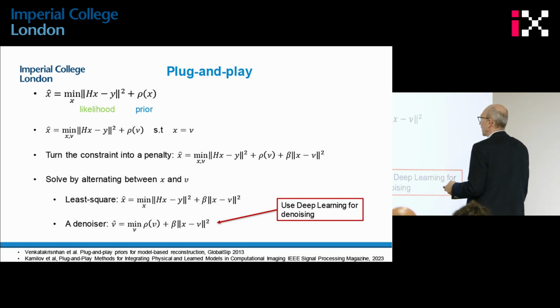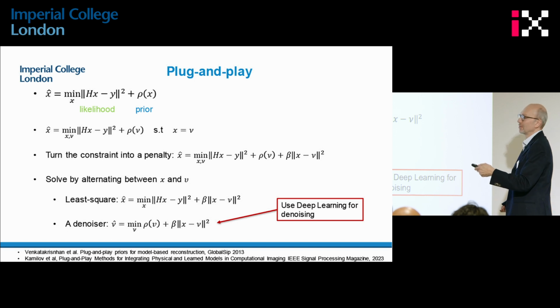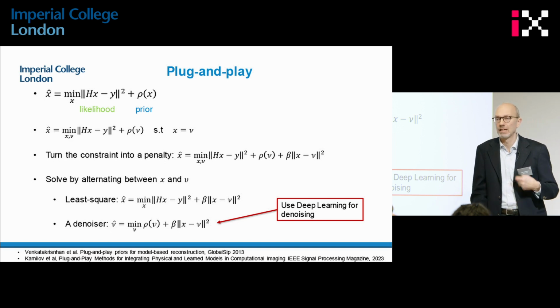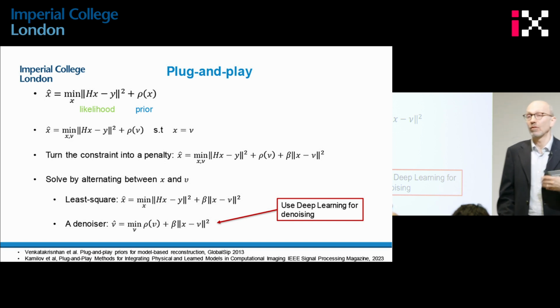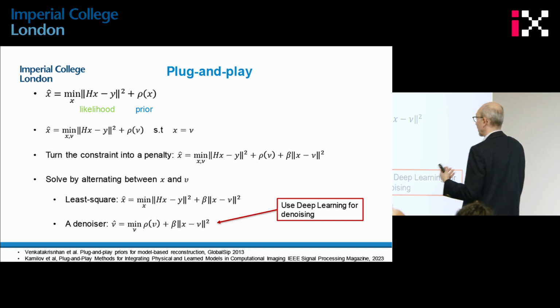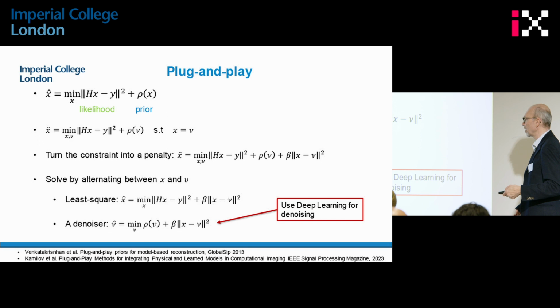But then once you've done that, you can solve an inverse problem, essentially, by iterating between solving something simpler with standard techniques, and then the complicated bit, you ask the neural network to solve that for you. Okay? So the interesting thing is that this idea works actually quite well in practice on a variety of inverse problems. Okay, it's been quite successful. That's why it's gained a lot of momentum. The original idea is more than 10 years old, actually.